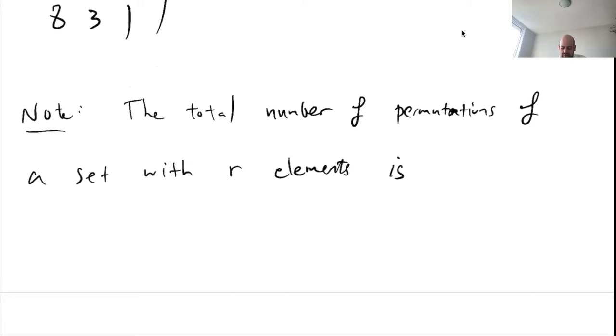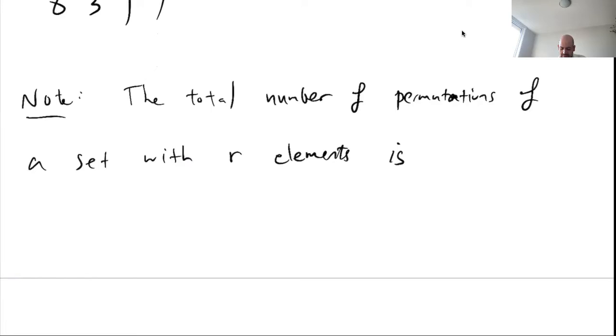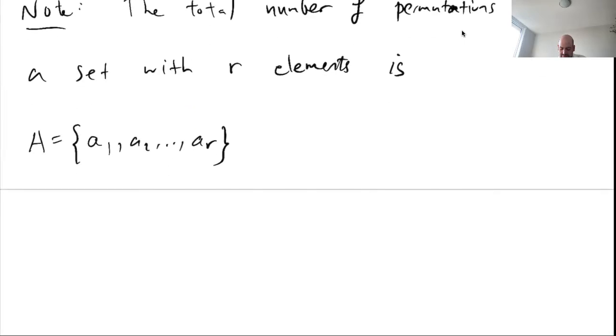So let's say we have a set with R elements, for example, A equals A1, A2 to AR. So in how many ways can I order them? So if I consider R spots, the first square for the first spot, which means the first element that I want to list, and then the second element that I want to list, and so on, until the rth element.